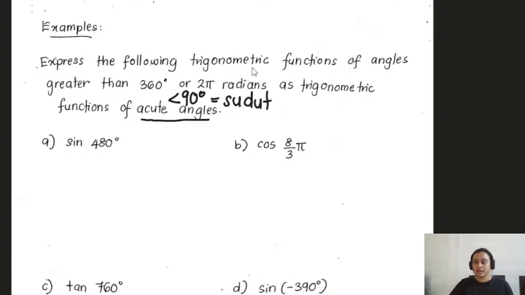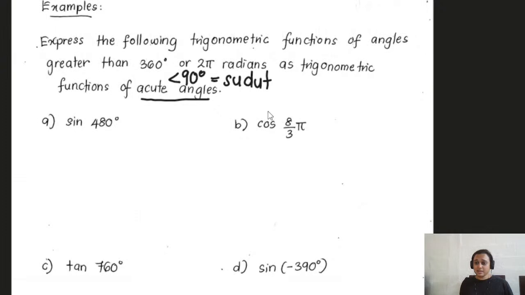Obtuse is sudut cakar, reflex is sudut reflex. Yes, Arvin, sudut tirus. Smaller than 90 is sudut tirus. Okay, thank you very much.